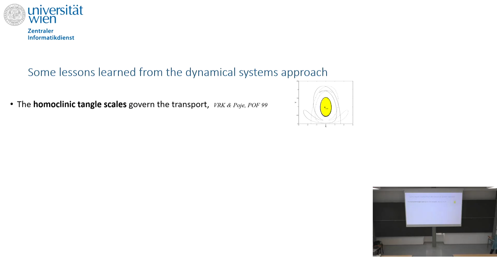Near the fixed points the velocity is zero, but away from the fixed point there is some characteristic velocity which tells you more or less how long it takes to go from a neighborhood of this fixed point to a neighborhood of that fixed point. So that's one time scale.